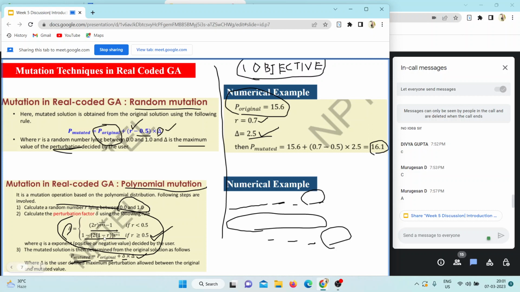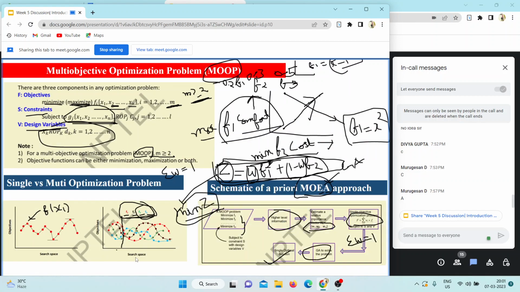Once we know this delta value, we can get the mutated value by this equation. P original is already given, del we will calculate by this formula, and capital del, the maximum perturbation factor, is also given in the question.